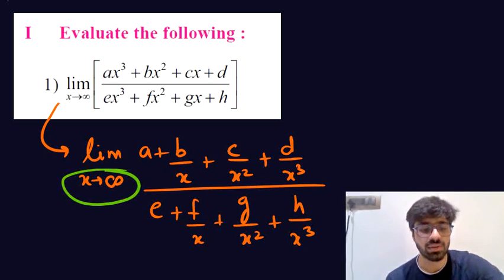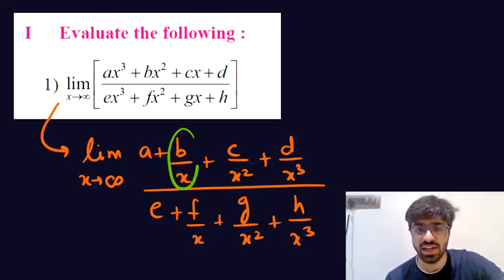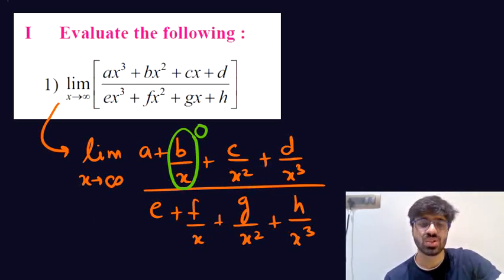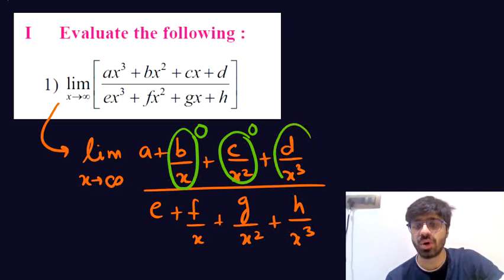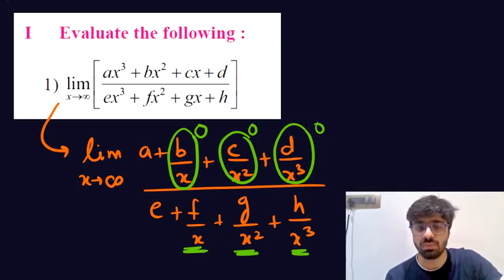X tends to infinity, so the denominator here is very large, and that is why this value will be 0. X square, see, x is already a very large number, so x square will be even larger. So c upon x square, a very large value in the denominator, makes even this number 0. X cube will also be very large because x was a very large number, and that is why d upon x cube will also be 0. Similarly, this and this term will also be 0, and the final value for this expression turns out to be a upon e.